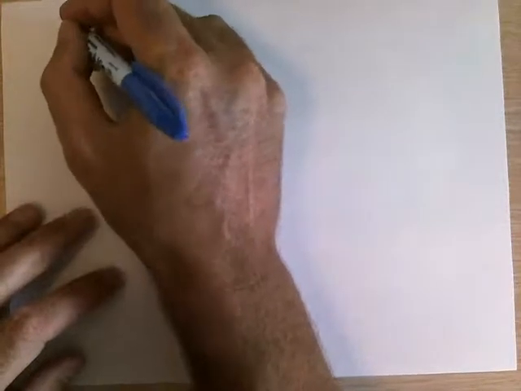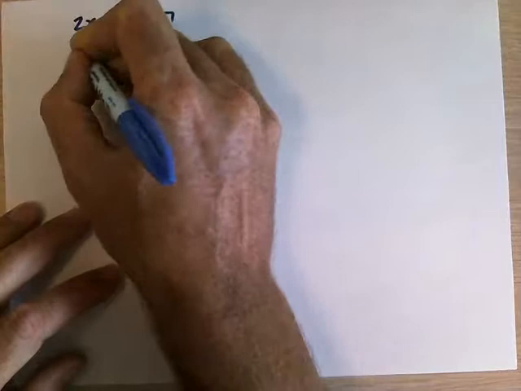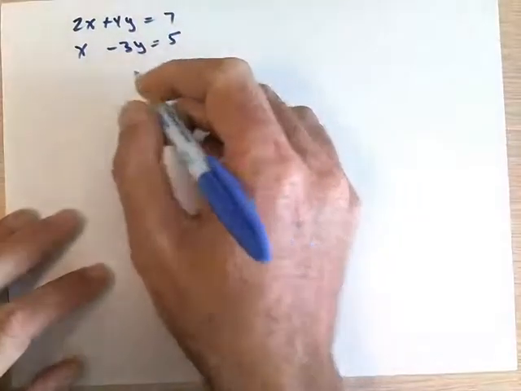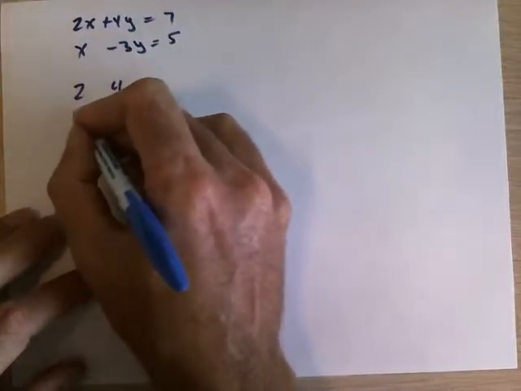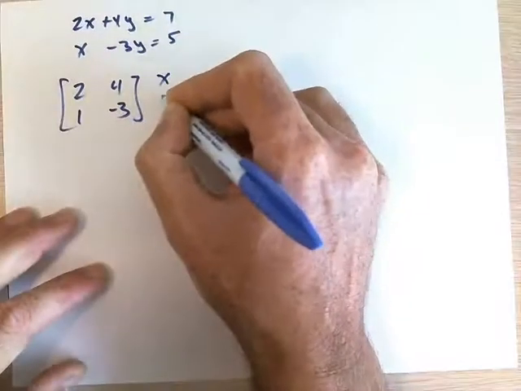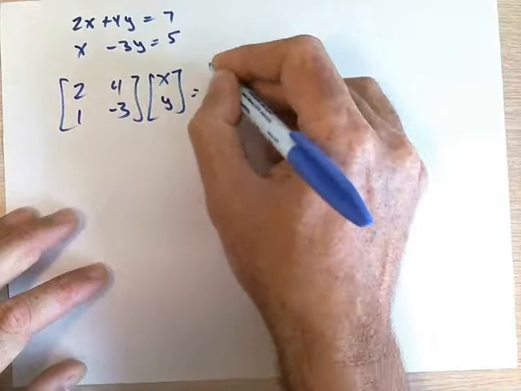We ended the last video talking about a system, 2x plus 4y equals 7, x minus 3y equals 5, that we turned into the matrix 2, 4, 1, negative 3 times x, y equals 7, 5.